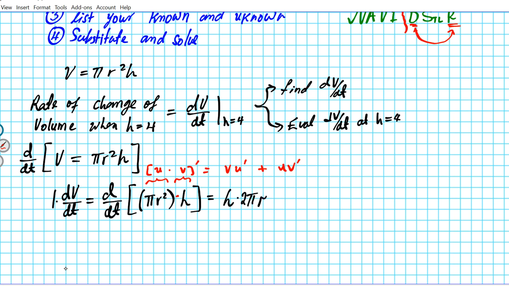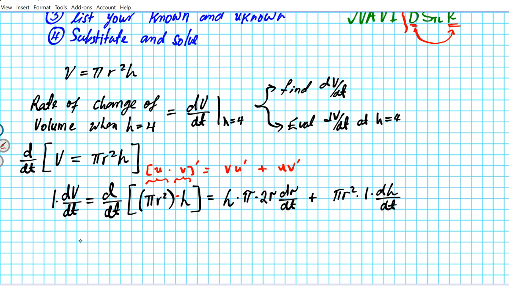Pi is a constant, and if you differentiate r squared, you get 2r, and then you add on the dr/dt because of this disagreement. Plus u v prime: u is pi r squared, and v prime, the derivative of h, is 1. We have this disagreement there, so we add dh/dt.